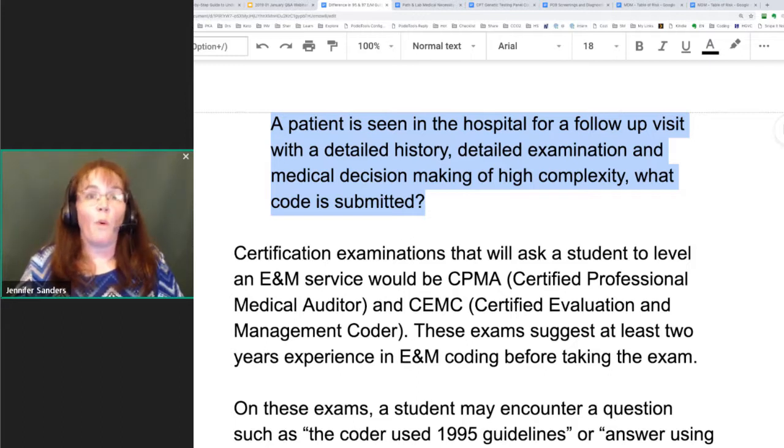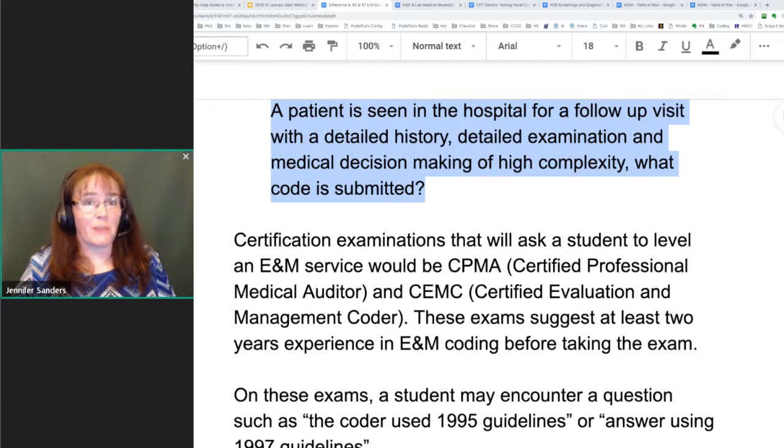When they get more detailed like that, that's going to be your certification exams, like the CPMA for the medical auditing exam, or perhaps the CEMC, which is a specialty of just evaluation and management. That's where they're going to have you look at it and want you to actually level an E&M. They usually suggest you have at least 2 years of experience before you try and be a CPMA or something. It really takes repetition, going over and over, and you need to have these done often enough to know what you're looking for.